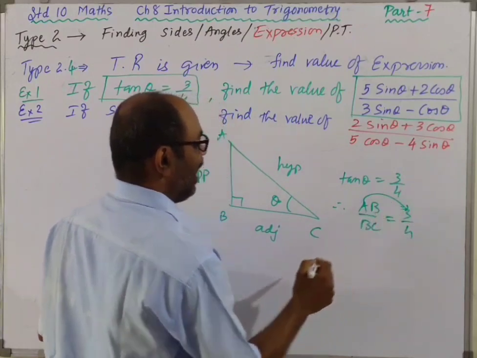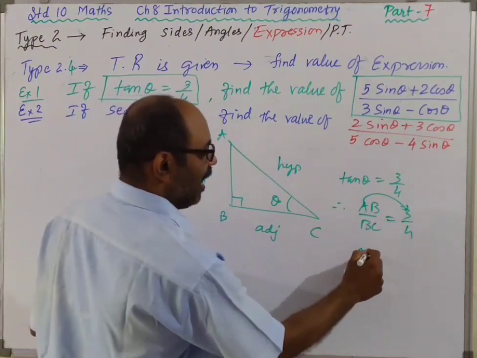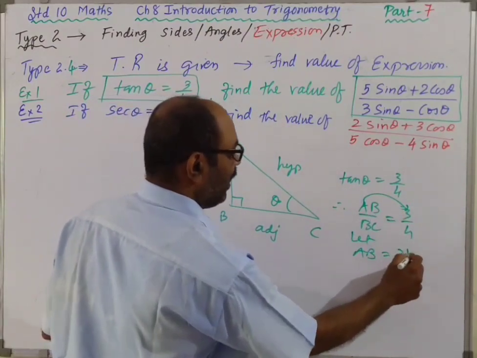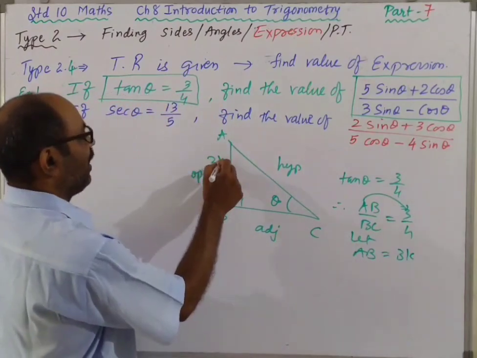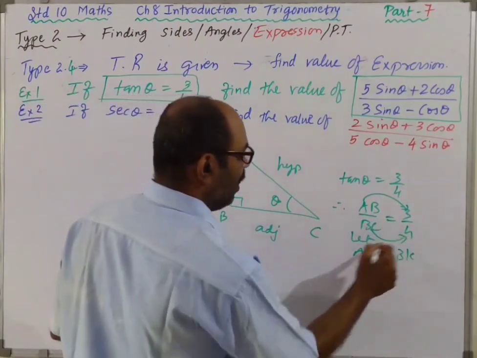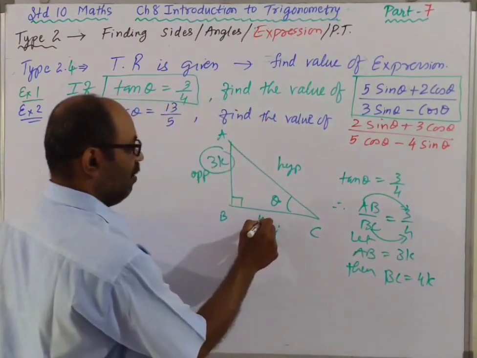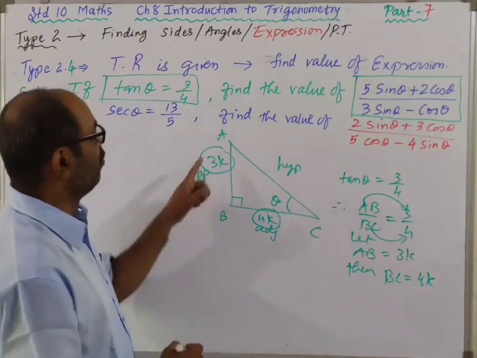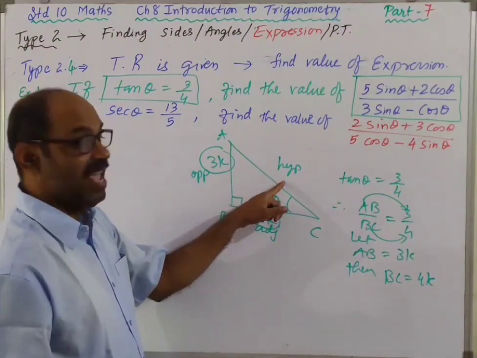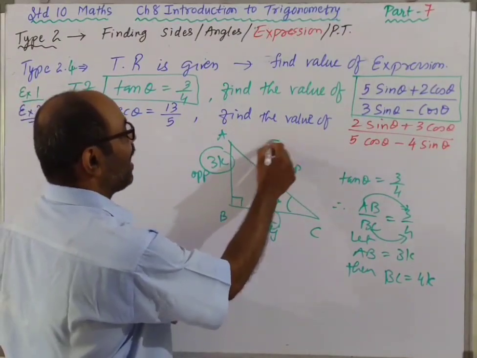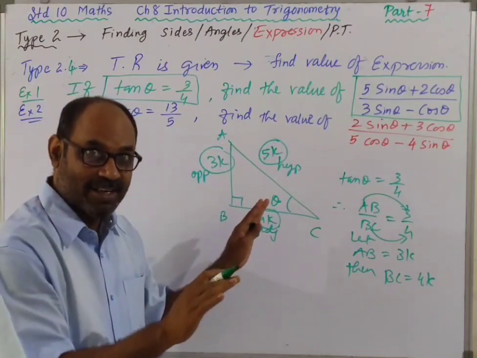Then let AB be equal to 3K. So I can put AB as 3K here. Then BC will be 4K. Here BC is 4K, and using Pythagoras we find AC, that is 5K. I'm not using it right now.